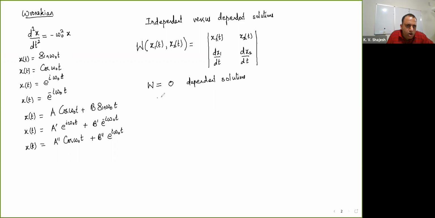And if this is not equal to 0, then they're independent solutions. And that's the key you want to use to make the right combination. So let's do an example. This is example 1.